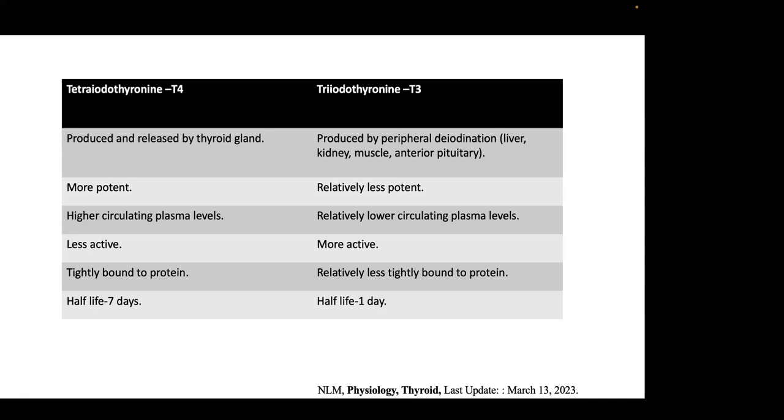T4 is more potent and has higher circulating plasma levels in comparison to T3, and T3 is more active. T3, as it is relatively less tightly bound to the transport proteins, is more active in comparison to T4, which is tightly bound.